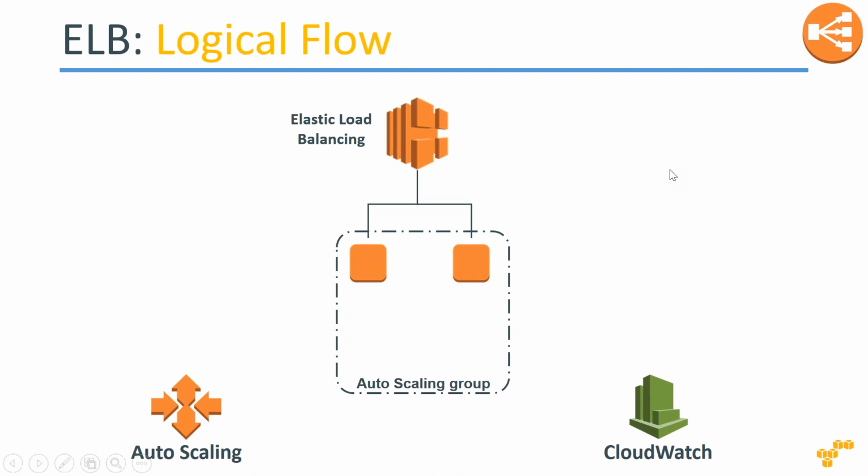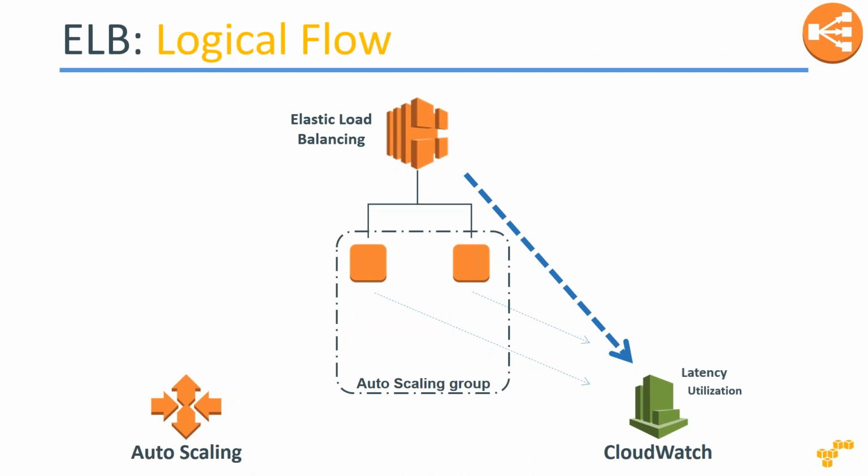So let us take a scenario forward. The ELB is looking for the latency information. The ELB is feeding the latency information to CloudWatch, because it talks to the servers, so it knows how fast the server is responding. So it measures the latency and sends it to CloudWatch. Likewise, the servers are sending the utilization data to CloudWatch.